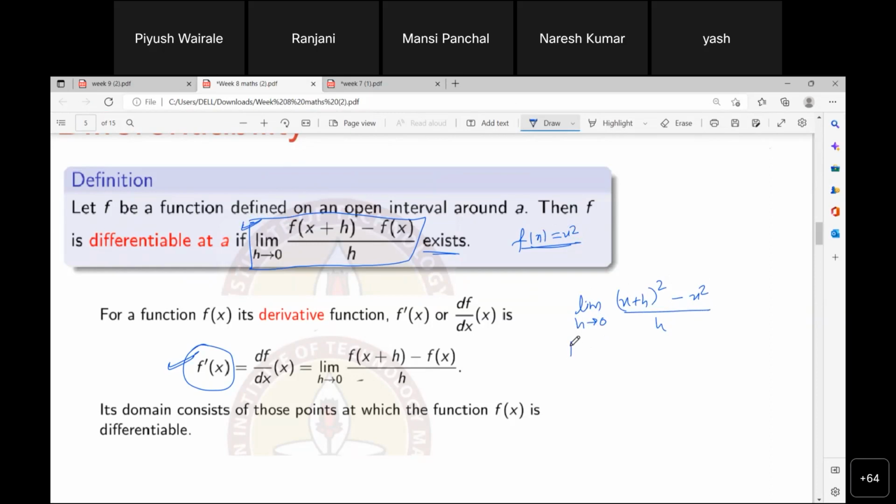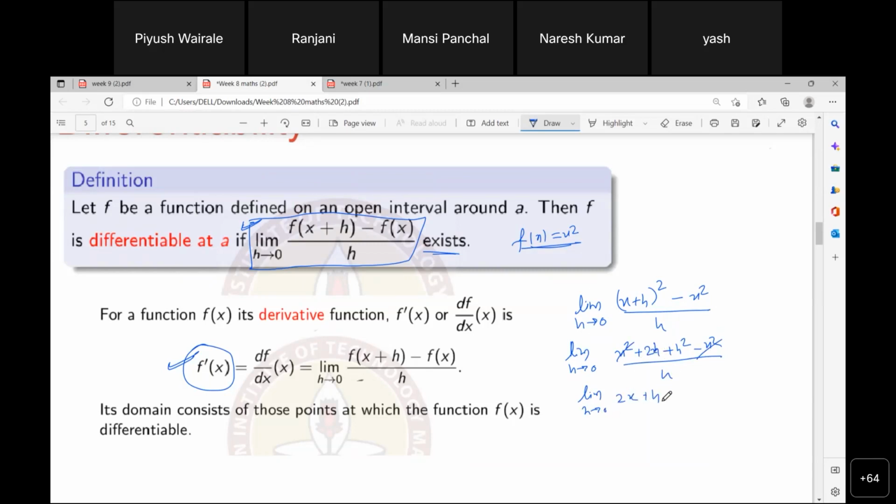So what will be the limit? Limit h tends to 0, x square plus 2xh plus h square minus x square upon h, right? So x square will get cancelled. I can take h common, right? If I take h common and cancel it out, what I will get? Sorry, it will be 2x plus h.